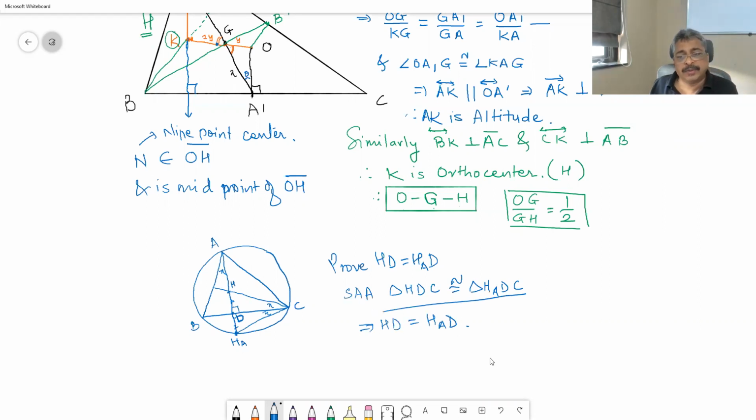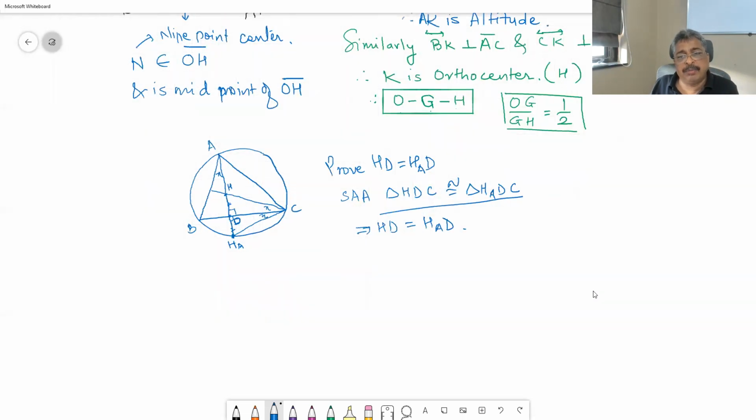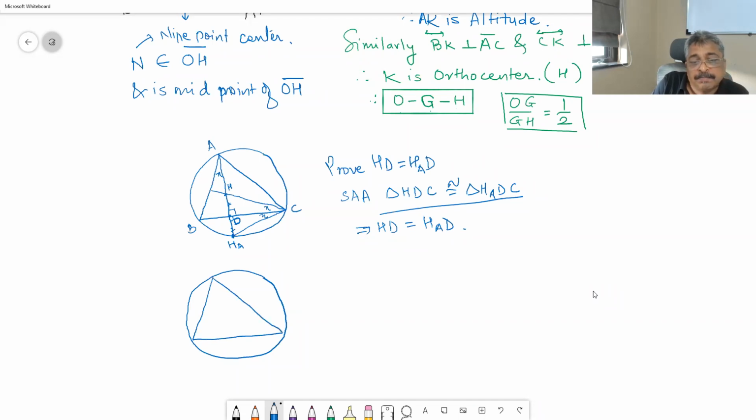Good. One more piece of information which I will eventually require. I don't know whether you remember it or not. In a circle, if you have a triangle, and you have a diametrically opposite point of A, which is A star.